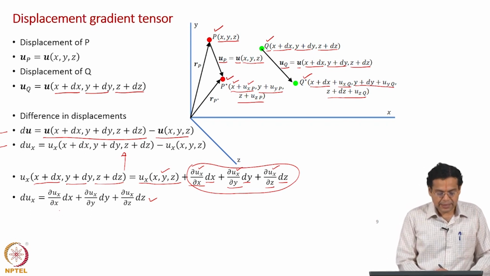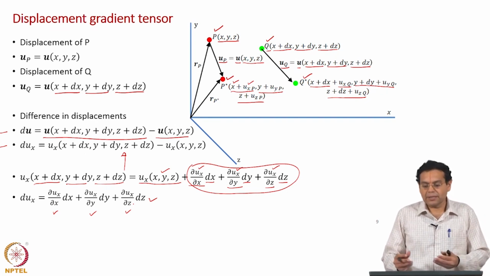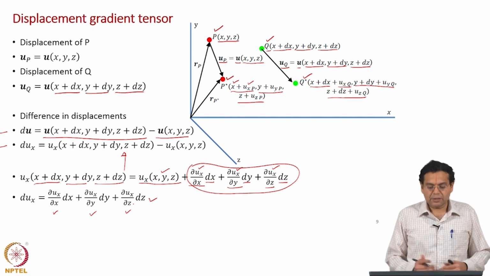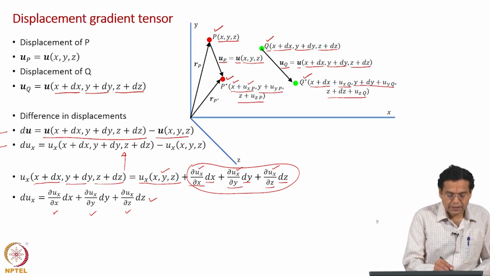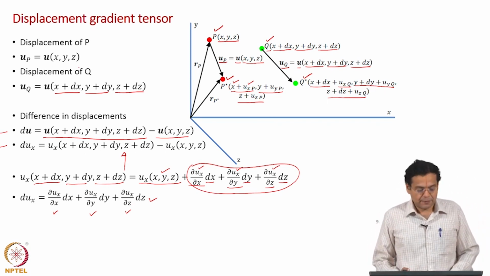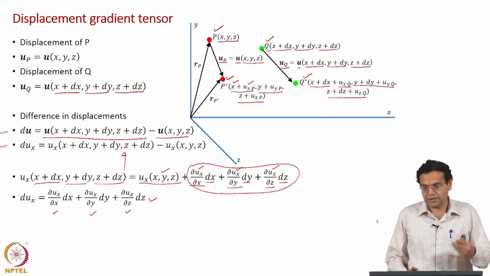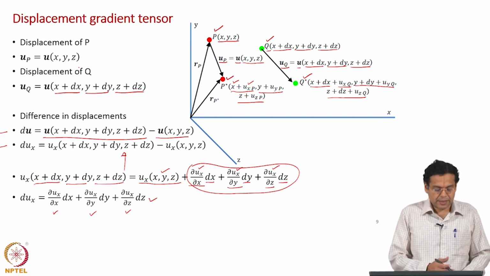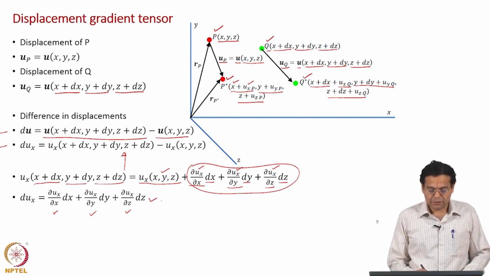You are expressing that in terms of partial derivatives. 2 different ways of interpreting this. What I have done is a little more geometrical, physical way of understanding dux. A little more mathematical way: ux is the x displacement, and all the components are functions of x y z. So, ux is also a function of x y z. So, expressing the total derivative in terms of partial derivatives gives you this expression straight away.